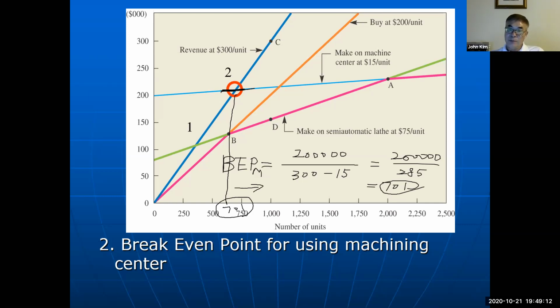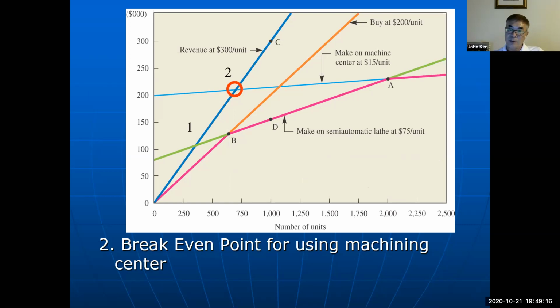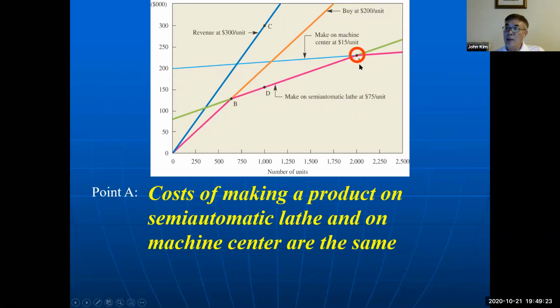Okay, then next point, point A, on this point, second option and third option cross.